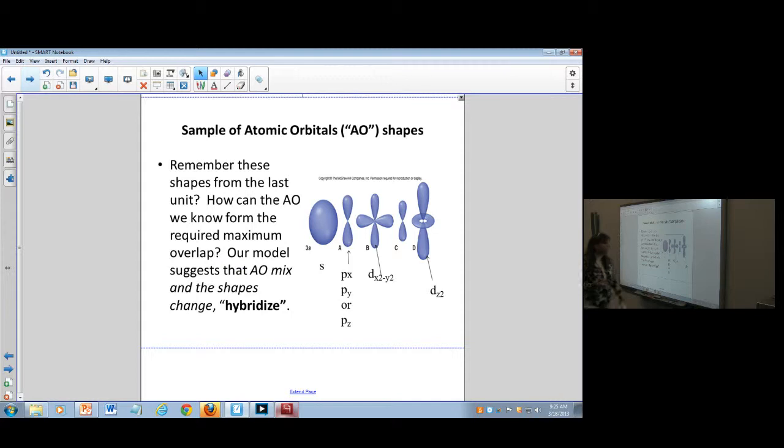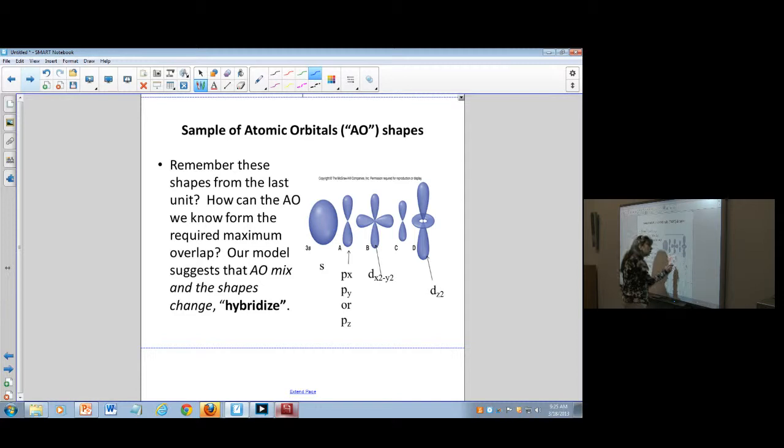So these are the shapes we kind of looked at earlier in Unit 5, earlier in this unit, where this is a sphere for s. We've got 3 possible p's, a px, a py, or a pz, meaning they're on the x, y, or z axes.